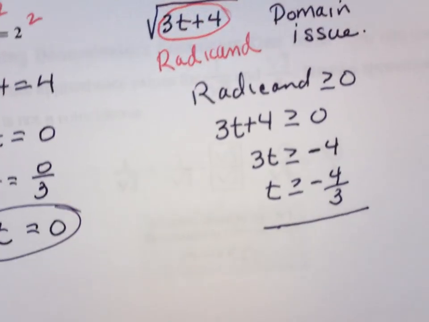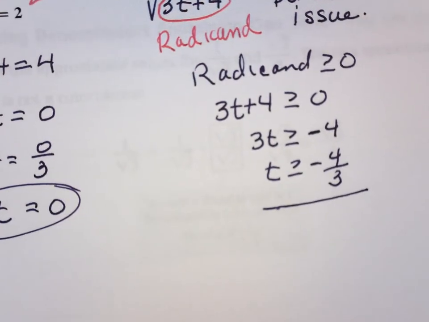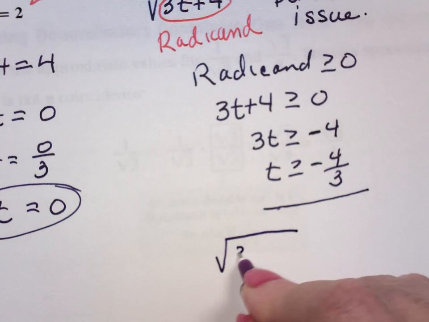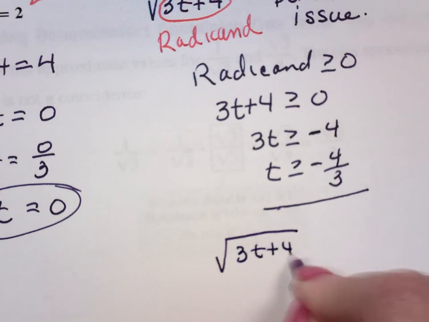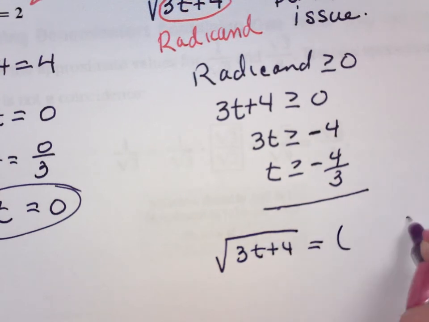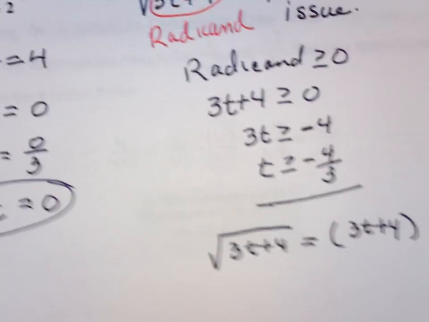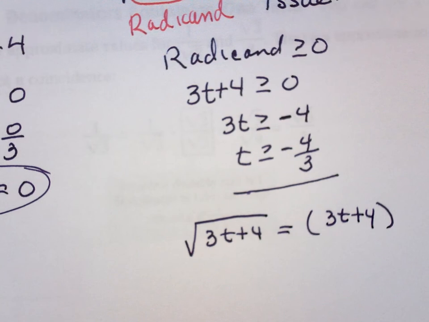Another thing that I wanted to remind you of is, why do we square both sides? 3t plus 4 is the same as 3t plus 4 to what power? 1/2. Square roots are halves, because the index is 2.